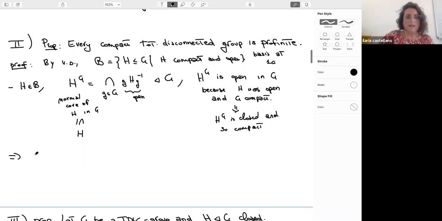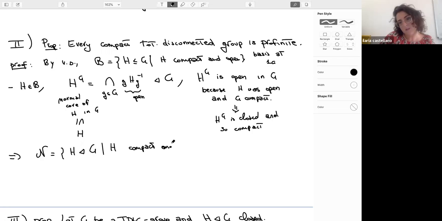So this means that if I consider N, which is the set of all normal subgroups in G such that H is compact and open, this is again a basis of neighborhoods at the identity.